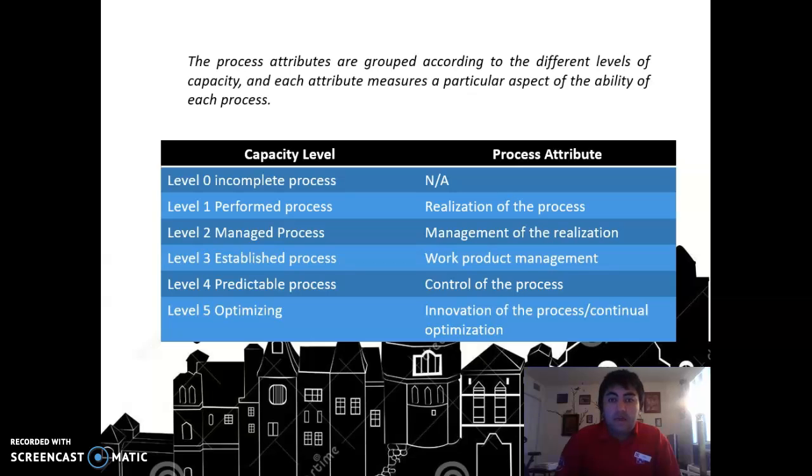The process attributes are grouped according to the different levels of capacity, and each attribute measures a particular aspect of the ability of each process. The capacity level in ISO 15504 has six levels and has some process attributes like innovation of the process, continual optimization, control of the process, workflow management, and management of the realization of the project.